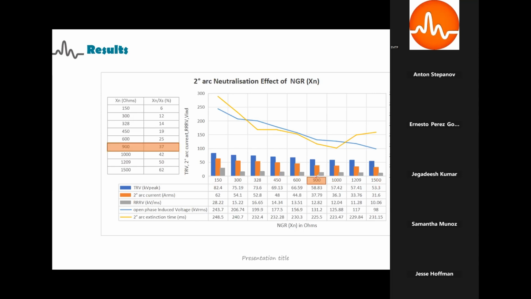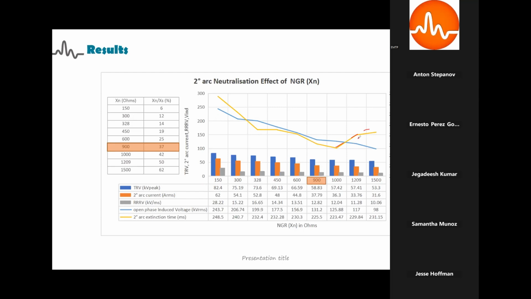Here we choose 900 ohms. Why? The induced voltage, the blue curve, decreases rapidly up to this point, and after this the amount of decrease in induced voltage on the open phase is less. It's not drastic. That's one reason, and also the arc extinction time is likely to increase after this point.